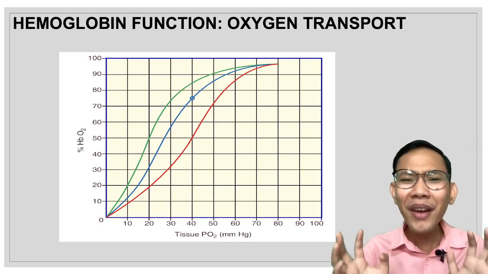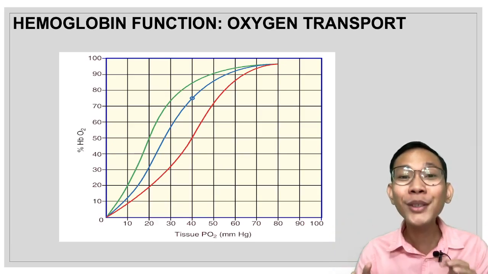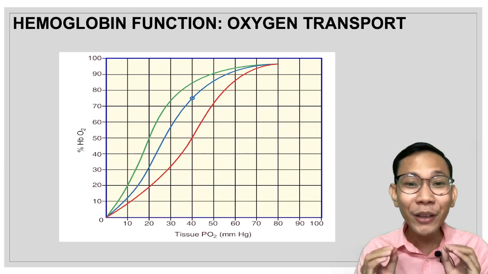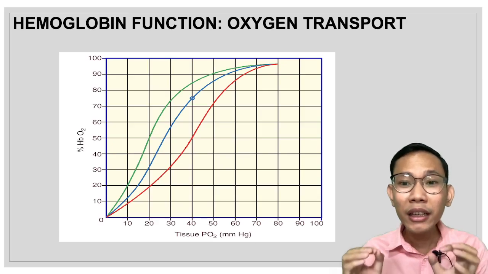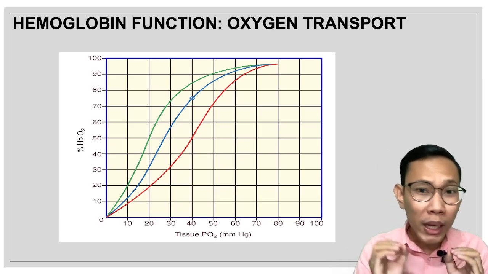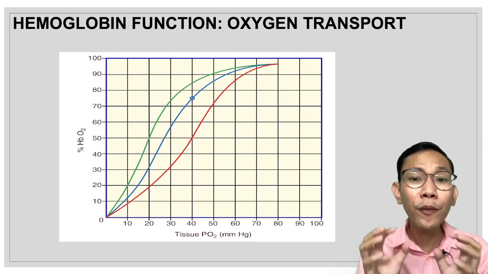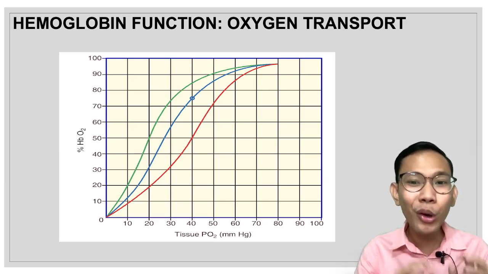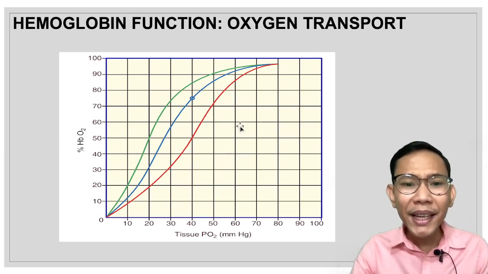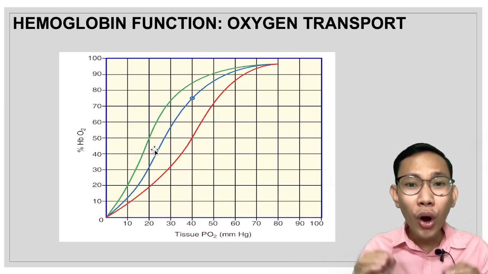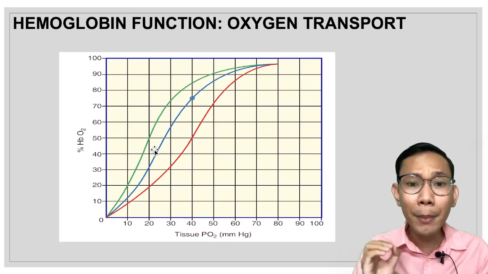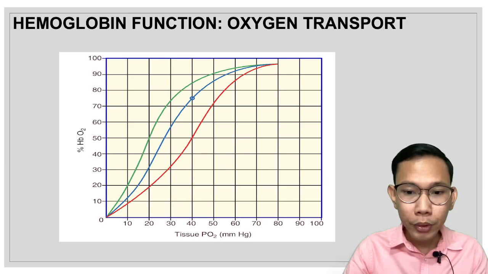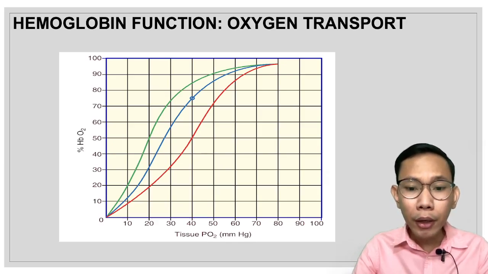There are several factors that will affect your oxygen transport, that will affect the affinity of your oxygen to your hemoglobin. This graph is what we term your oxygen dissociation curve. I want you to listen carefully so that we understand.